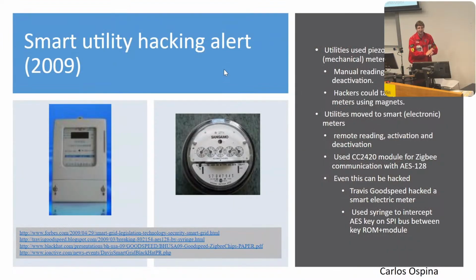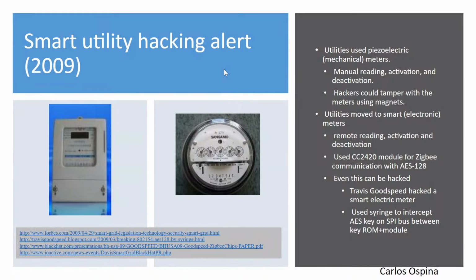This happened back in 2009. I remember when people were talking about this. Back in the day, we used to measure electricity with, we still measure electricity with meters attached to your unit somewhere. Back in the day, they were mechanical meters, right? They had a thing that would rotate depending on how much electricity you were using.